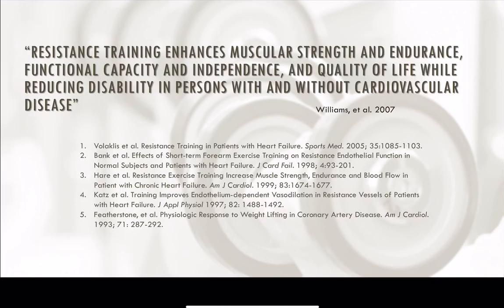So this statement has been backed up by a number of sources, and it's really important to know that everything you know about resistance training applies: you can increase muscular strength, you can increase muscular endurance, you can improve a patient's functional capacity and independence and quality of life, all while you reduce disability.